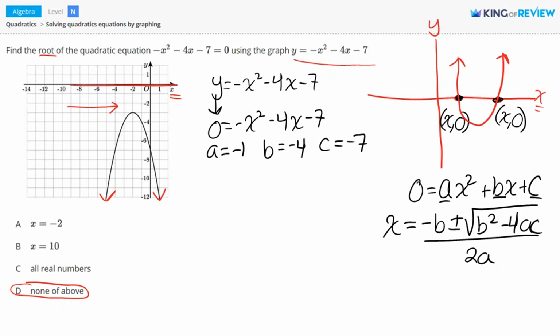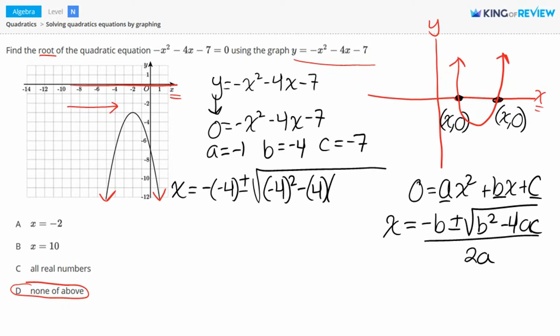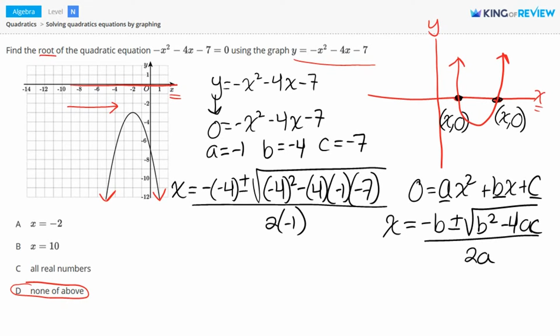Let's put these values into the quadratic equation. We have x equals minus a negative 4 plus or minus the square root of negative 4 squared minus 4 times negative 1 times negative 7. And this is all divided by 2 times negative 1.